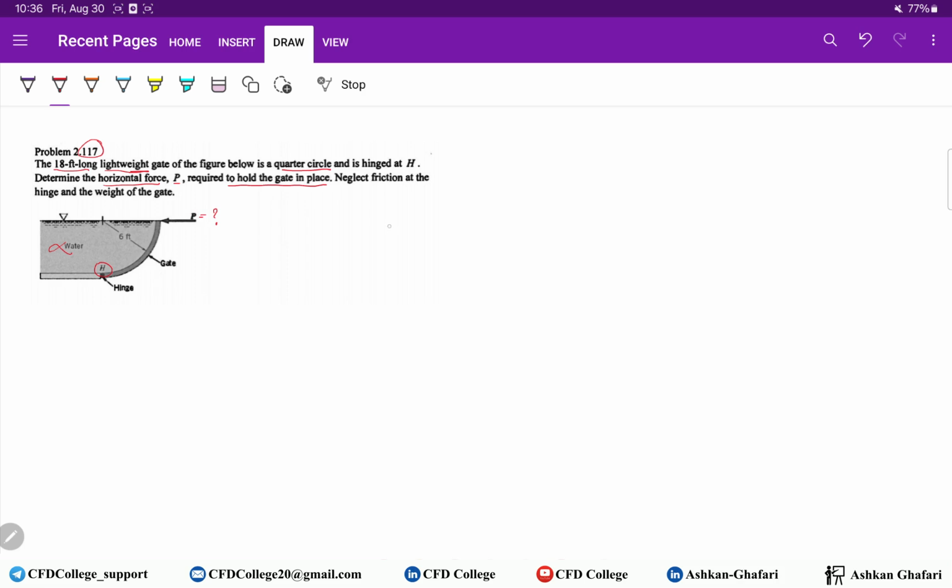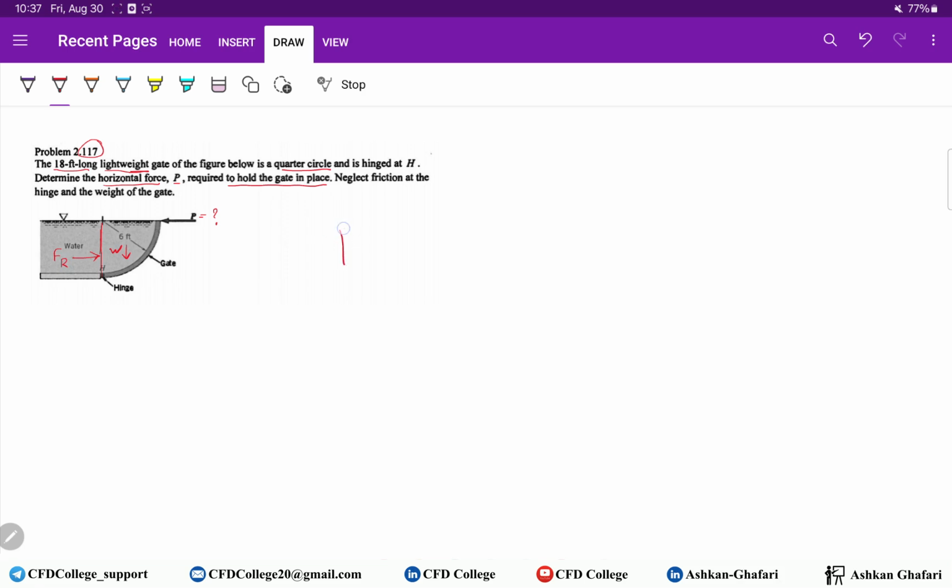So here we have, if we separate this section, two forces are acting on the gate. One is the weight of the water, and the other is the force due to hydrostatic pressure.